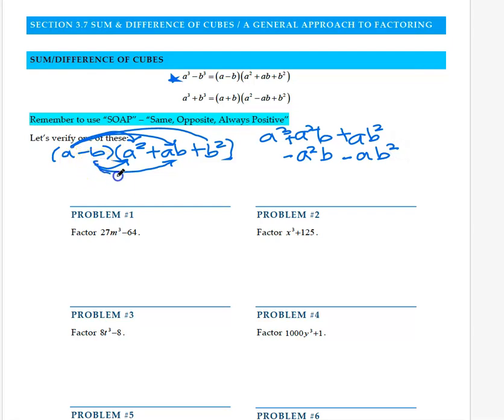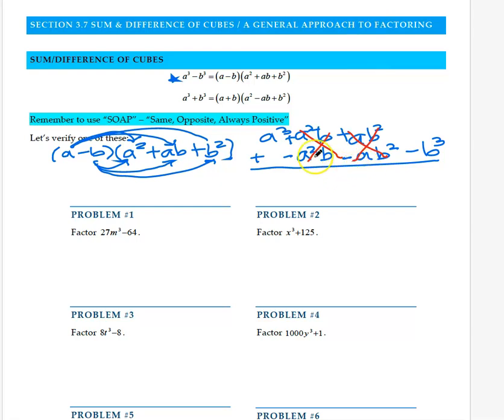And then negative B times B squared will be negative B to the third. So we can see when we combine our like terms that these terms in the middle just zero out.